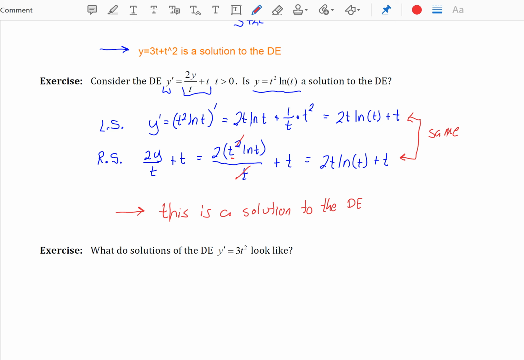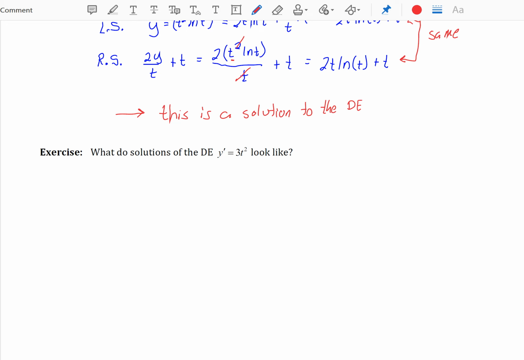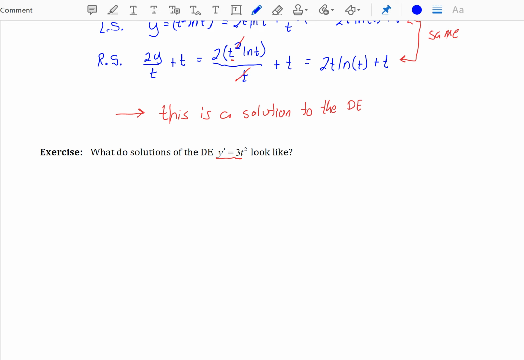Let's look at another kind of problem. What do solutions to this differential equation look like? Now here I'm not giving you a solution. I'm just asking you to come up with what you think solutions will look like. And what I would like you to do here is recall some techniques from calculus.